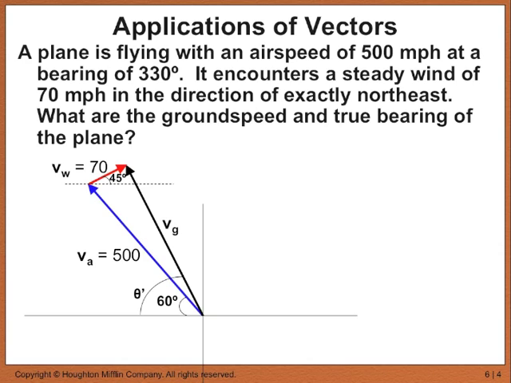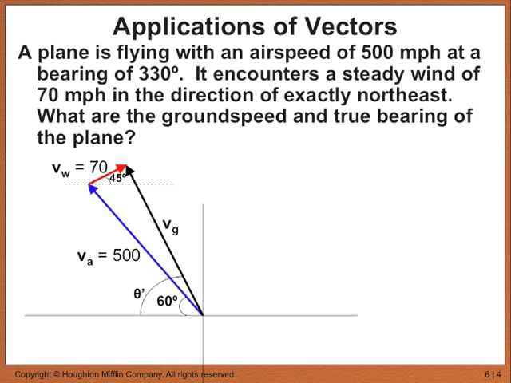Let's start with what's probably the easiest one, and that's this blue vector. This blue vector, I'm calling it v sub a, just to stand for airspeed, and its magnitude is 500. The direction we figure out because we know that the bearing is 330 degrees, and that since that's clockwise from north, then we're going to end up with a reference angle of 60 degrees in the second quadrant.